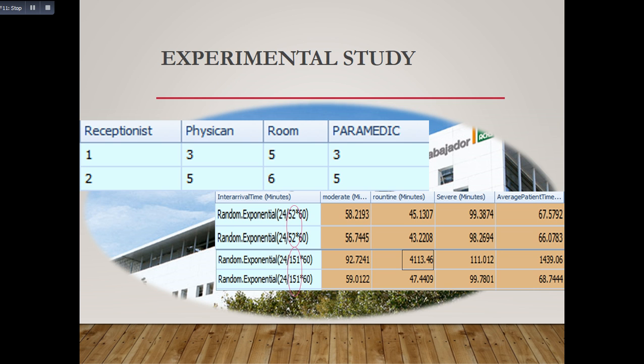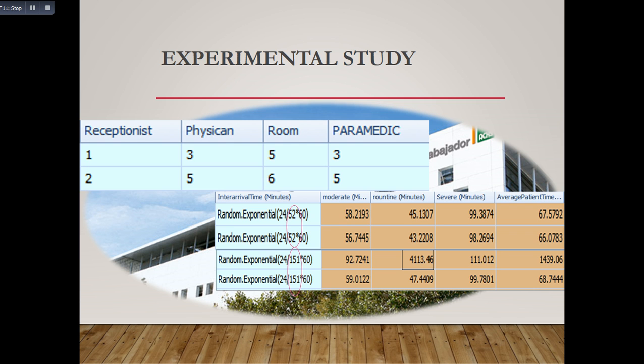After I ran my model, it says that this system runs really well, and the average time a patient waits is less than 70 minutes, which is really good for the model. The three different kinds of patients also have less than 100 minutes, so it meets the requirement from the article.